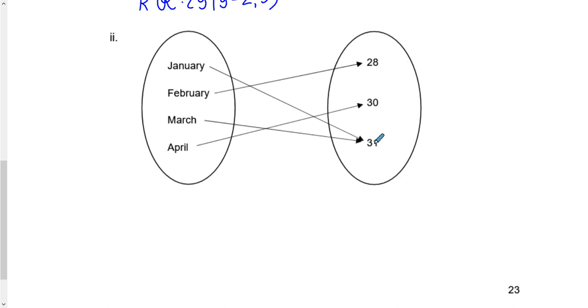January only goes to 31. February, in this one, only goes to 28. March, only to 31. April, only to 30. So is this a function? Yes.